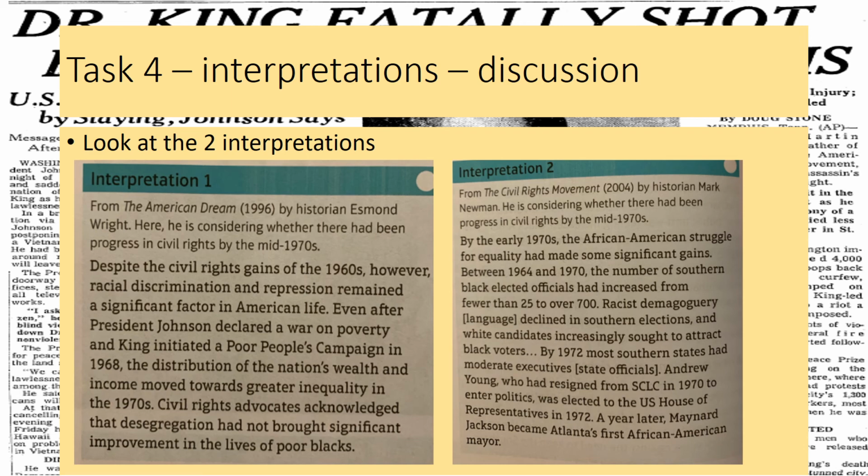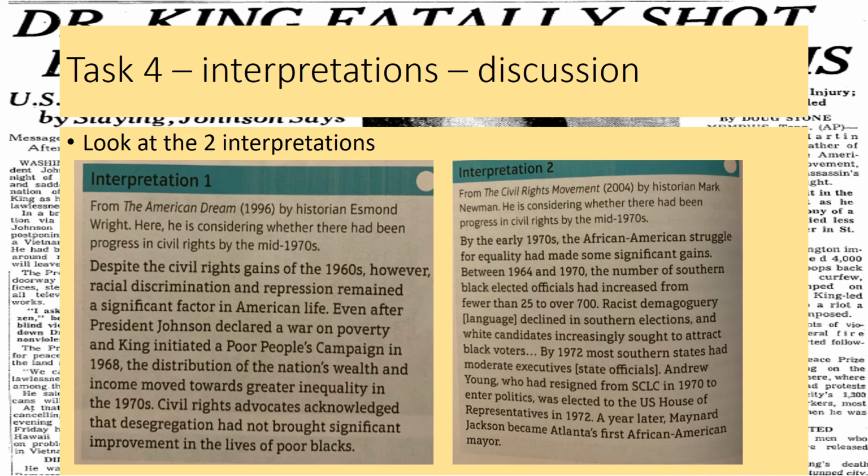Racist demagoguery language declined in Southern elections, and white candidates increasingly sought to attract black voters. By 1972, most Southern states had moderate executives, these are state officials. Andrew Young, who had resigned from the SCLC in 1970 to enter politics, was elected to the US House of Representatives in 1972. A year later, Maynard Jackson became Atlanta's first African American mayor.